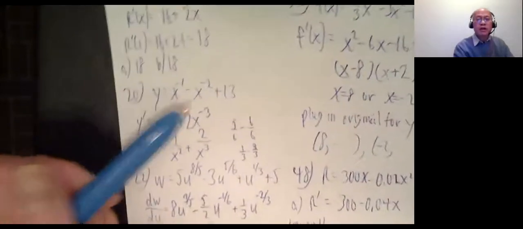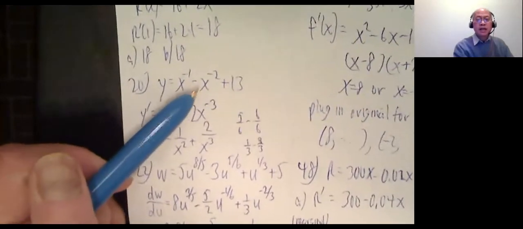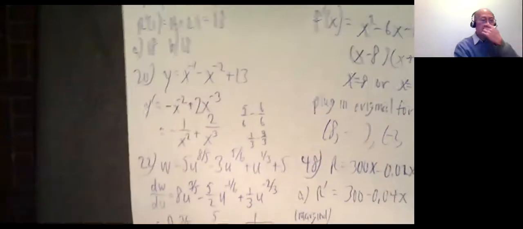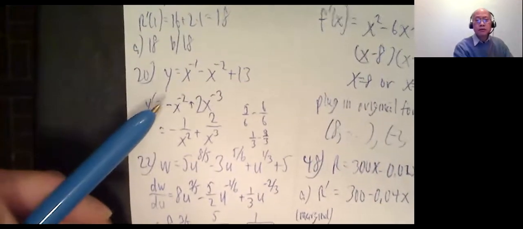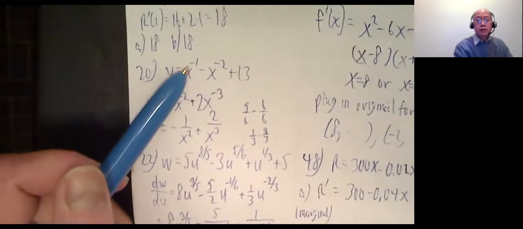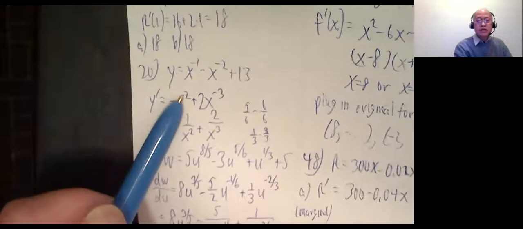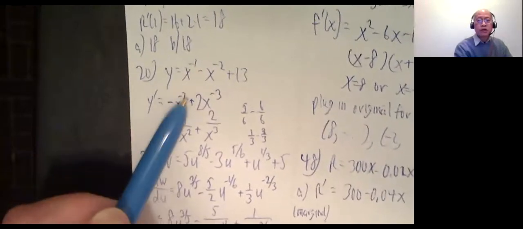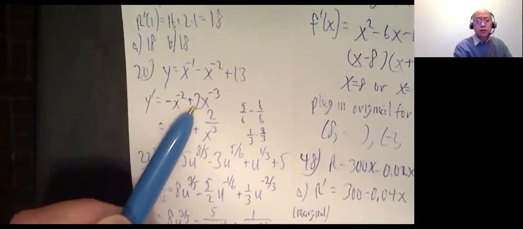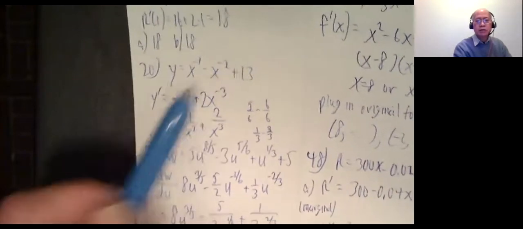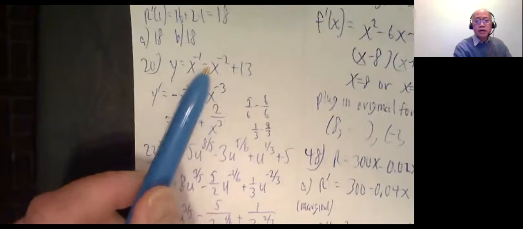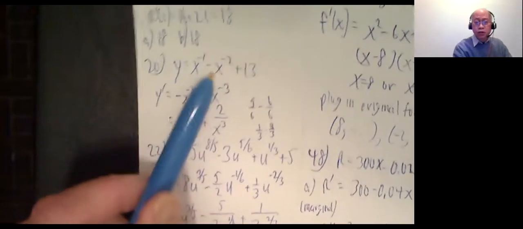Okay, 20. y equals x to the negative 1 minus x to the negative 2 plus 13. So what's the derivative? Okay, so negative 1. If it's negative 1, you just put a negative. x to the negative 2. Negative 1 minus 1 is negative 2. Plus 2. Can you see how come it's a plus 2? It's a negative 2 times, there's an understood negative 1 there.